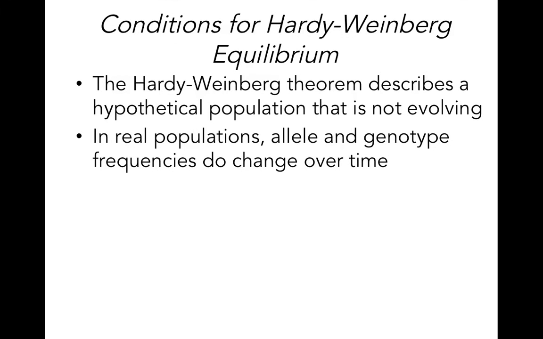So these 5 conditions are very important. If any of these 5 conditions are violated, the population is going to change in allele frequency or in genotype frequency from one generation to the next.